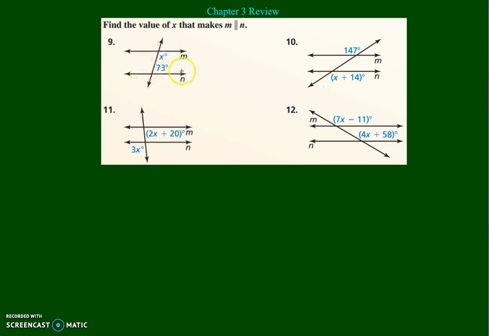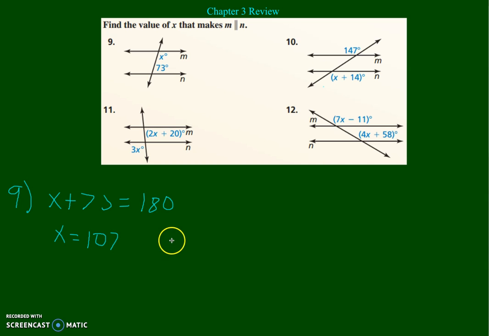So for m to be parallel to n, these angles have to be supplementary, which means they have to add up to 180. So, for problem 9, x plus 73 equals 180. So now we just subtract 73 from both sides, and x equals 107.